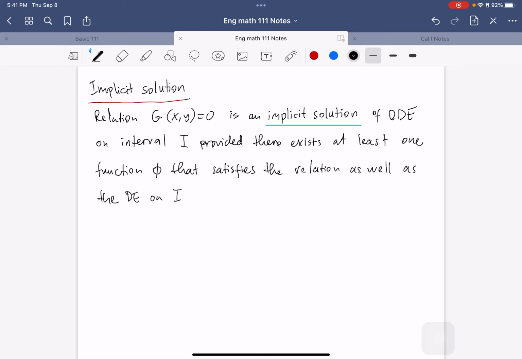Well, it's a little bit wordy, but we can see from some examples. Okay, what does it mean?